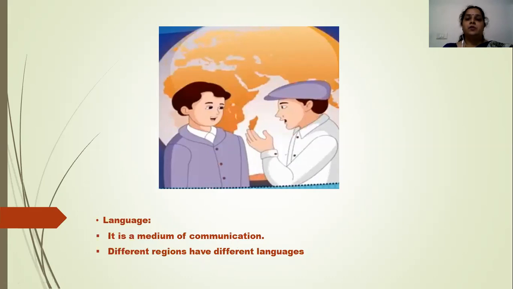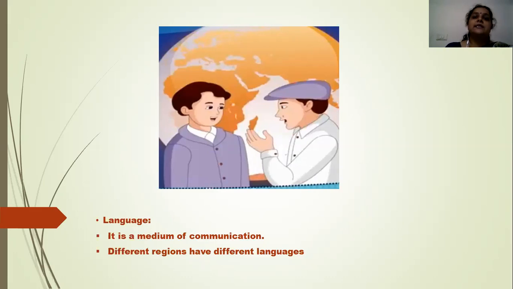You might be knowing that in India we have a wide variety of regions, and they all speak different languages. So the problem arises when two people want to communicate with each other, but they don't know how, because they both know different languages.